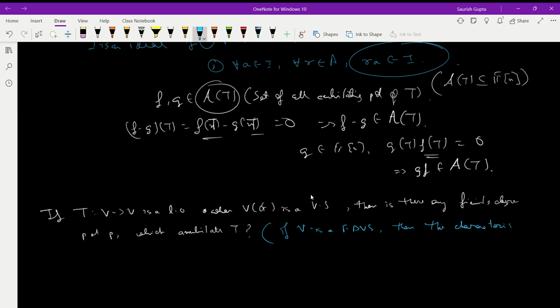And this question has an obvious answer when V is a finite dimensional vector space.